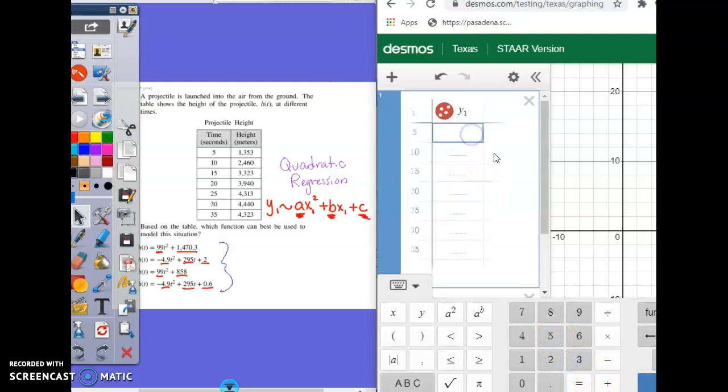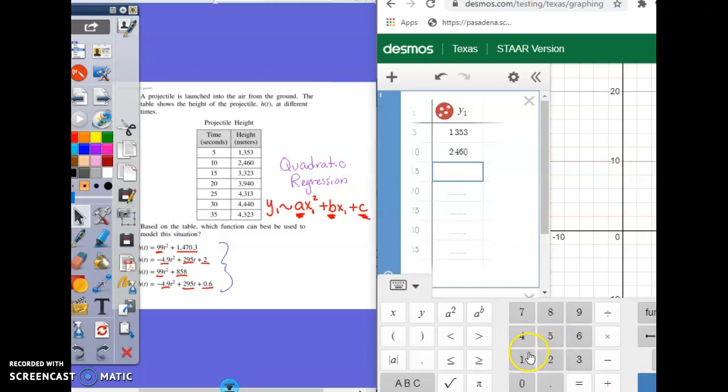And then on the other side, you're going to type these numbers in, but do not put commas. It's going to mess it up. So 1, 3, 5, 3, enter, 2, 4, 6, 0, enter.